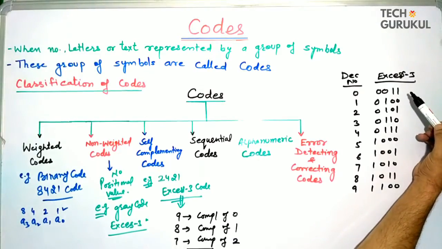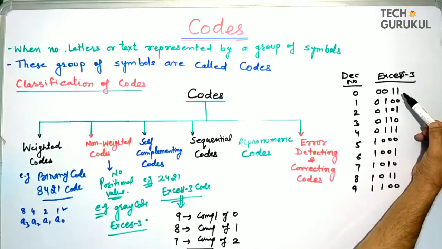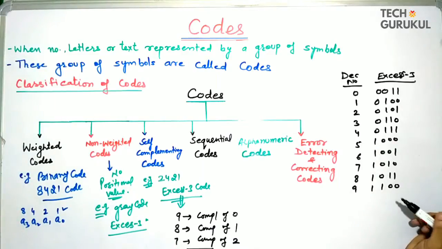XS3 means 3 has been added to the number. So this is the equivalent XS3 code for these numbers.